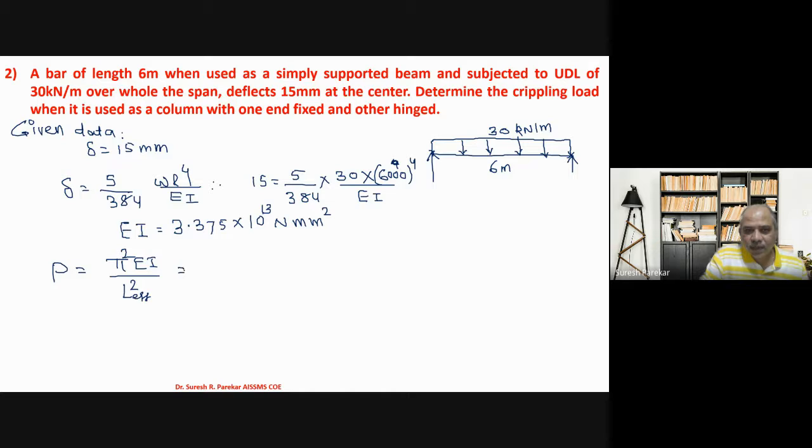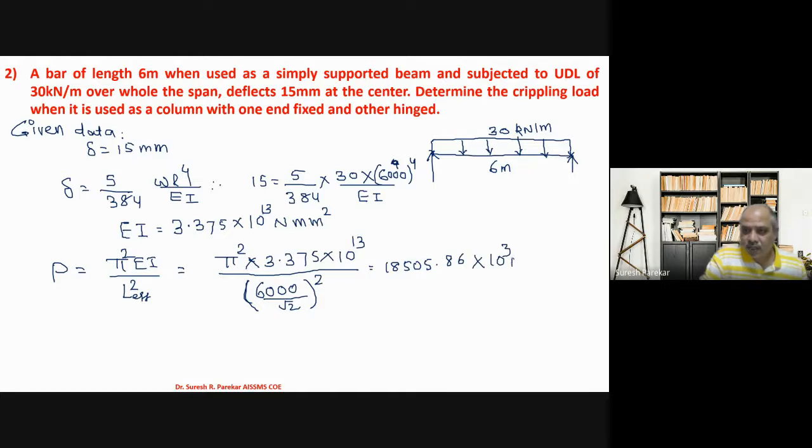Now you can see we have pi square, EI is given 3.375 into 10 raised to 13, and for L effective we have one end fixed, other hinged, so 6000 divided by root 2 whole square, and that gives us the value 18505.86 into 10 raised to 3 newton.